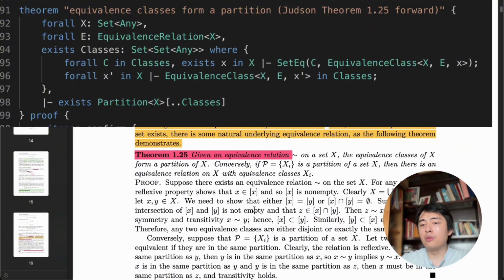So if you have a proof, just look at what it says, that there exists such a thing. So what does this mean? In the textbook, it simply says all of the equivalence classes form a partition of X. What does "form" mean?